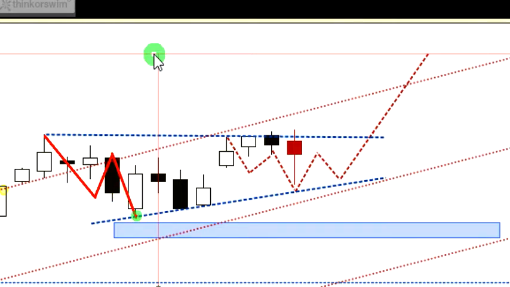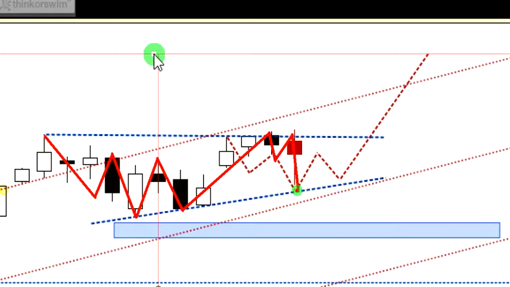So you can see an ABC, then you see an A, B, and then we had C up here to here, and then we pull back to here. You can't really tell here, but there's an ABC here, like so. And then we've already started moving up.